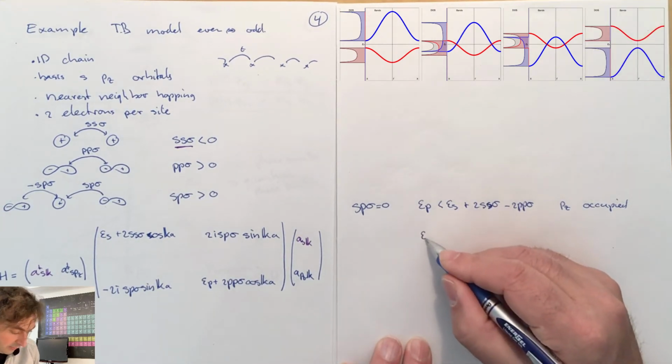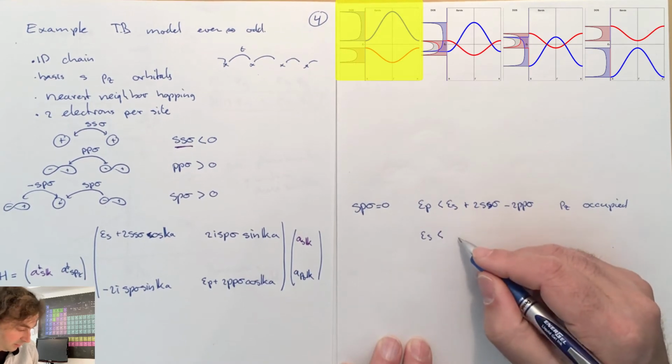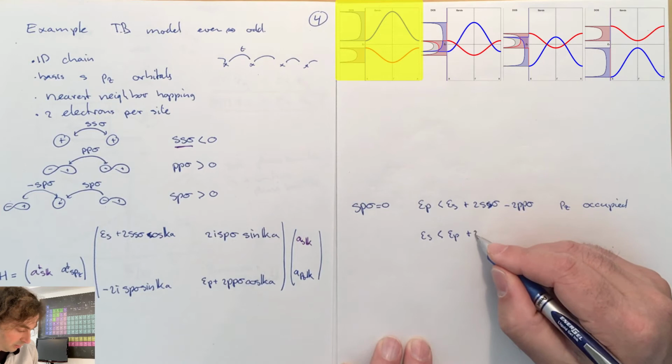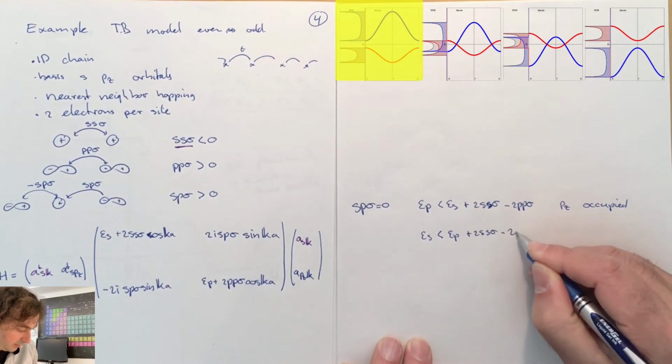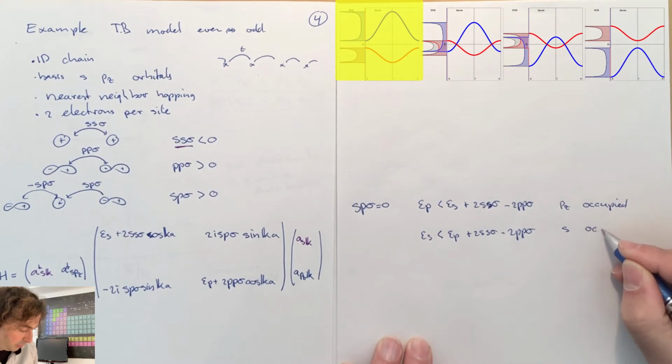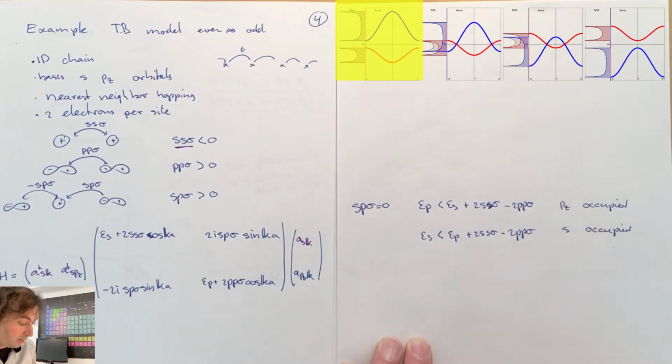We can have a look at the case where epsilon s is smaller than epsilon p plus 2 ss sigma minus 2 pp sigma. In that case the s orbital is doubly occupied. In both cases we are an insulator.